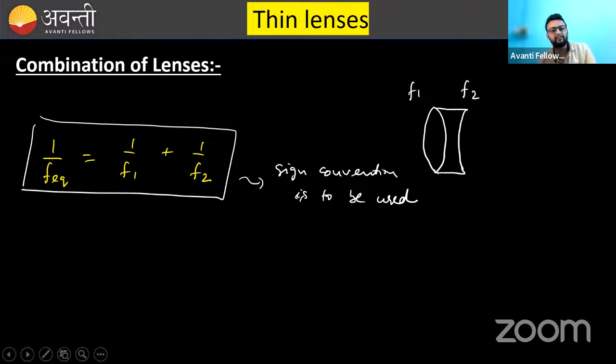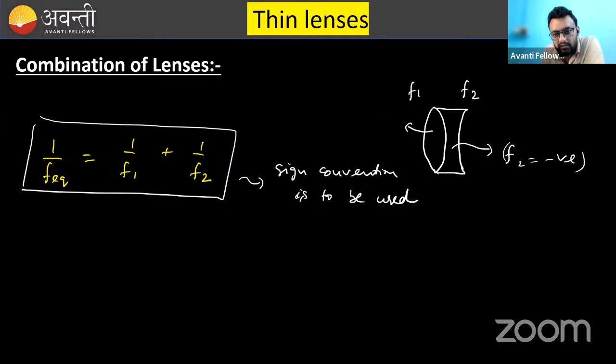Look at that, this is a converging lens, so its focal length is positive. This is a diverging lens, so its focal length is negative. This focal length is positive. Can you understand that? So whenever you are applying the formula, you have to apply the sign convention.